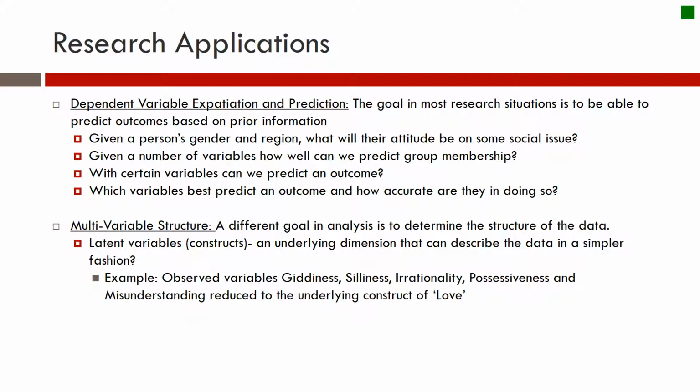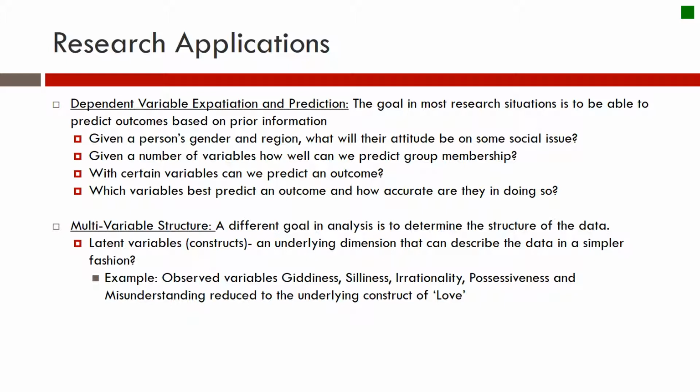We also build a lot of structure into our data, and are able to construct a data set that has more meaning to it. In this example, we have a term called a latent variable. Sometimes we call these constructs, but a latent variable is something that is happening but is not directly observable. In this example, we have a latent variable called love, which is an emotion, and we can't really see love, but we know love exists.